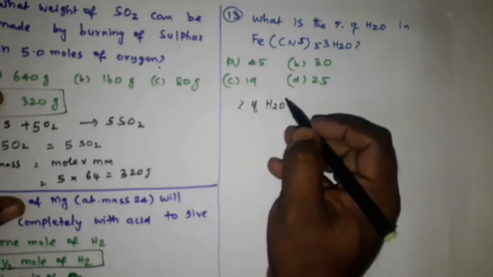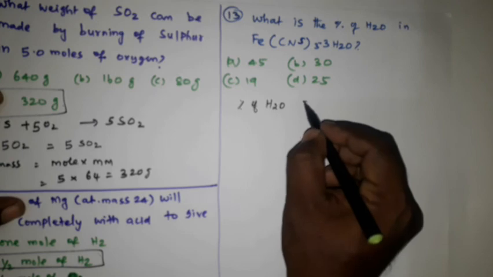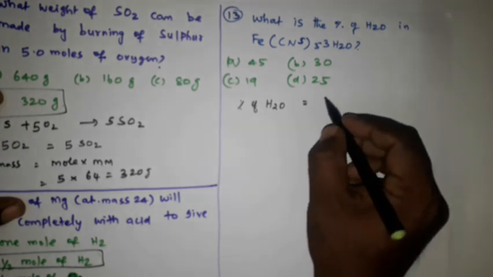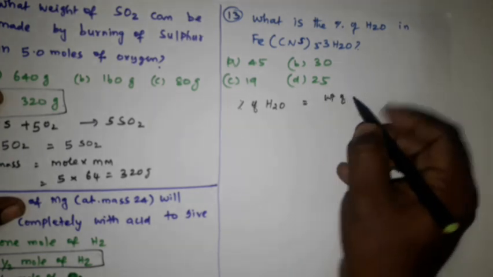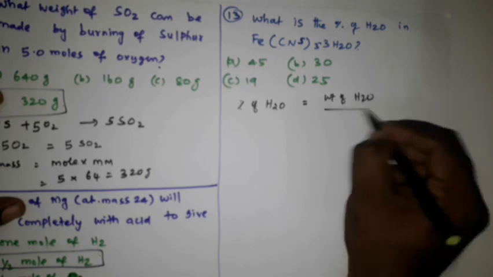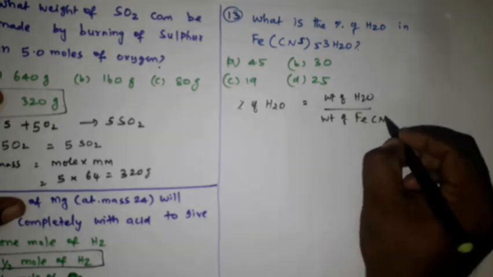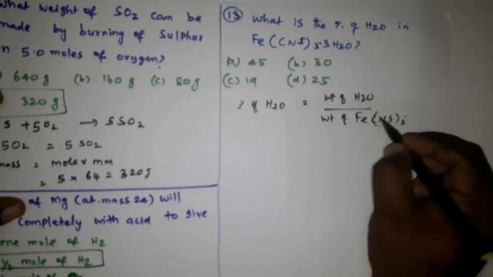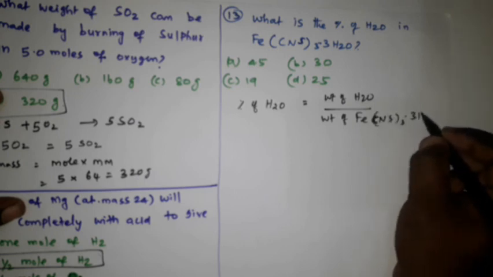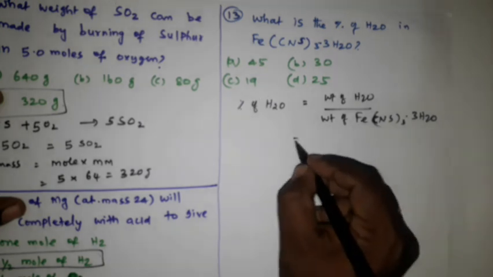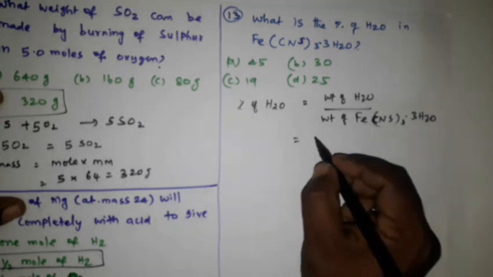The same way you calculate: percentage of H2O equals weight of H2O divided by weight of Fe(CNS)3.3H2O.